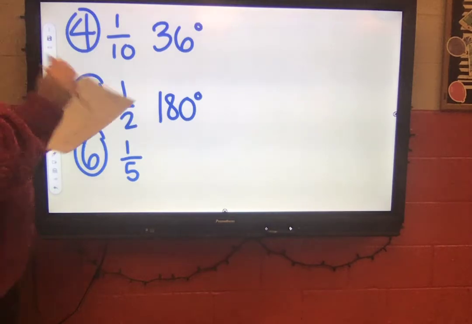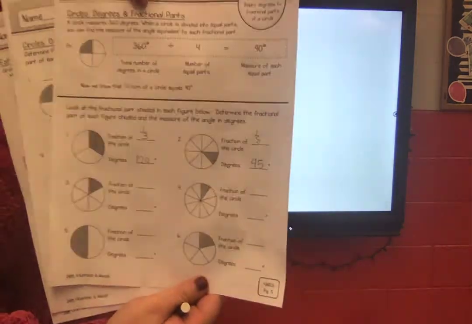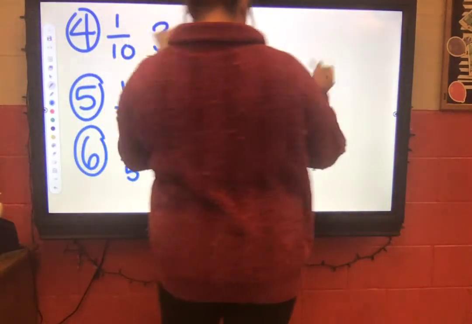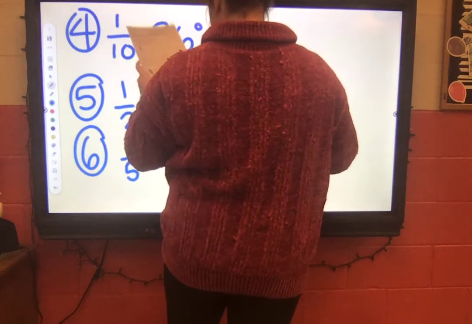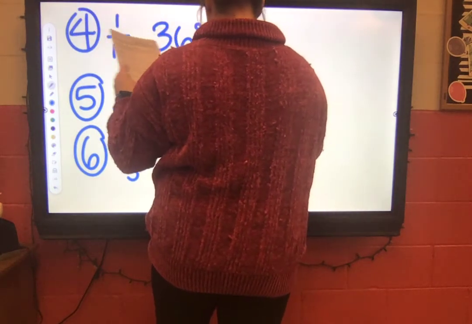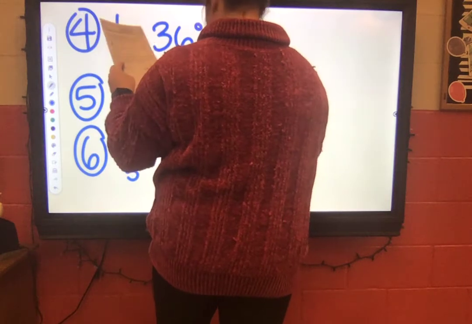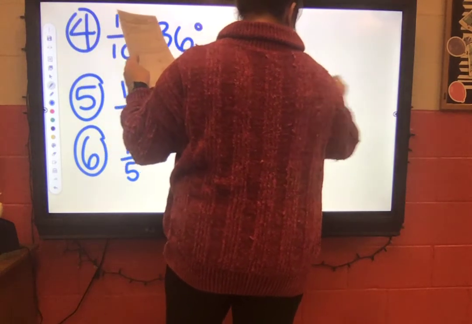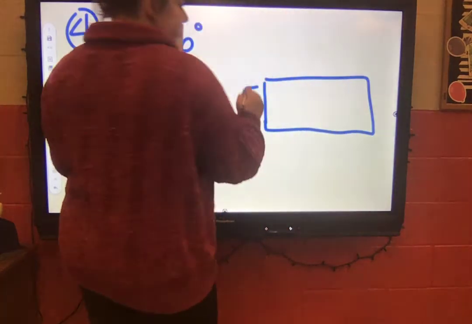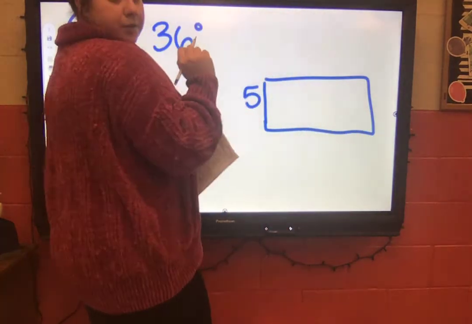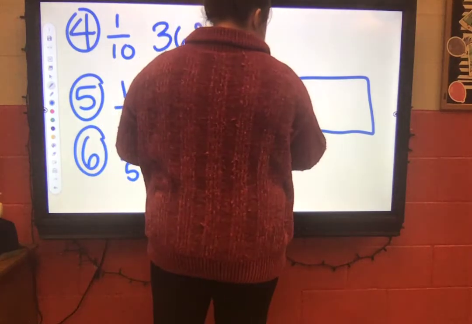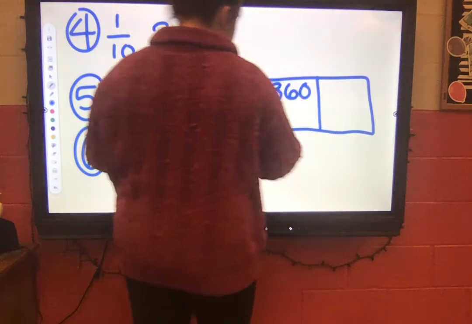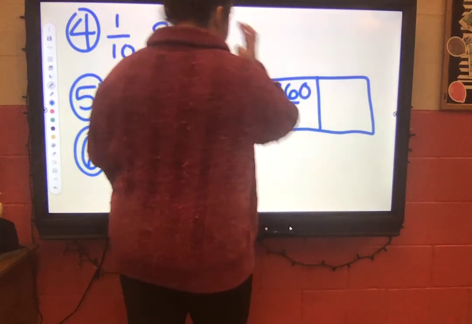I'm going to work it over here. I also don't have it written down, so we'll work it out right quick together. So those of you that worked it out, you should already know. Those of you that didn't, we're still doing this one together. So 5 divided into the total number of degrees in a circle, which is what? 360. 5 goes into 36.